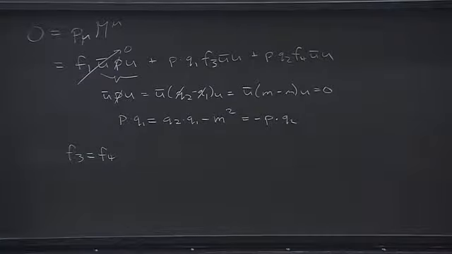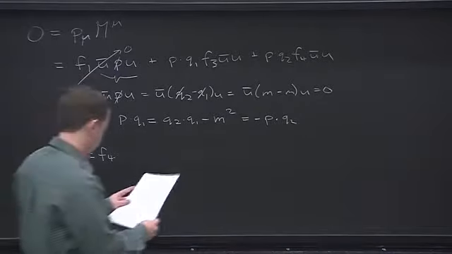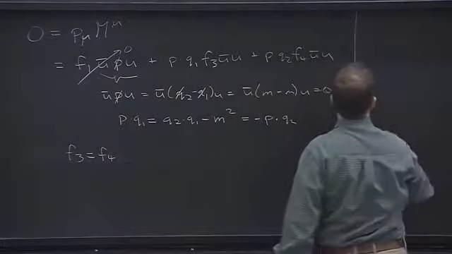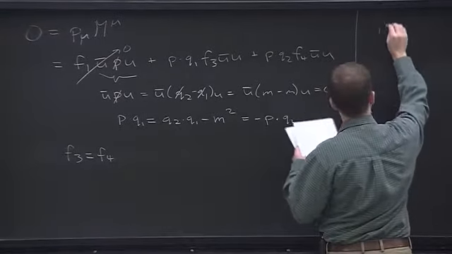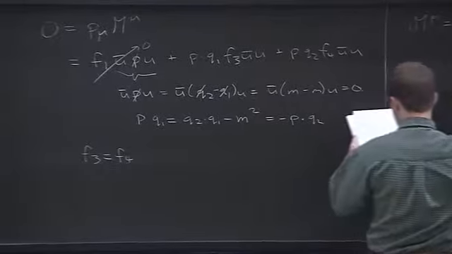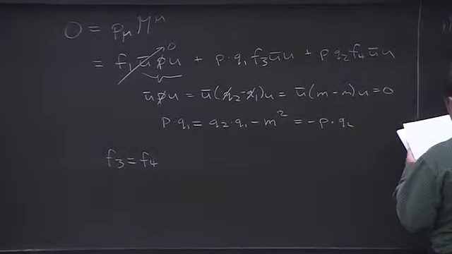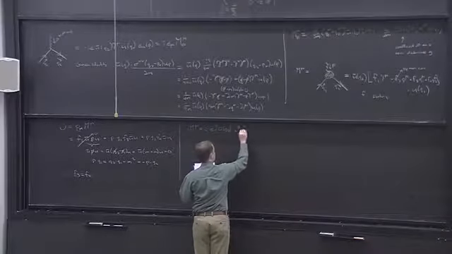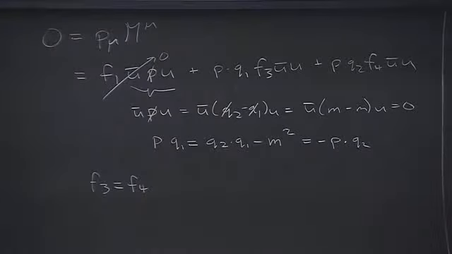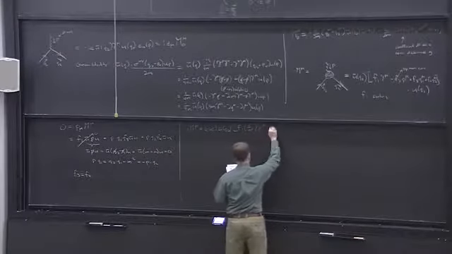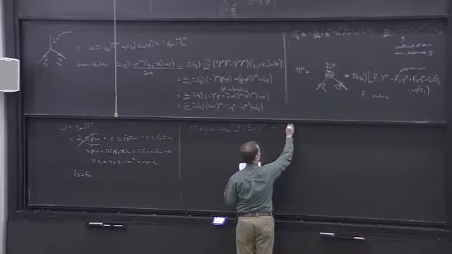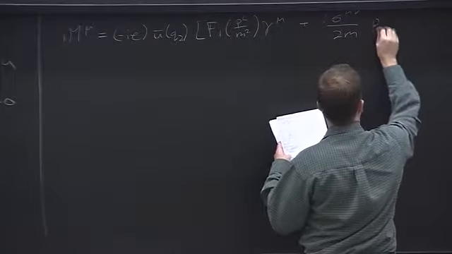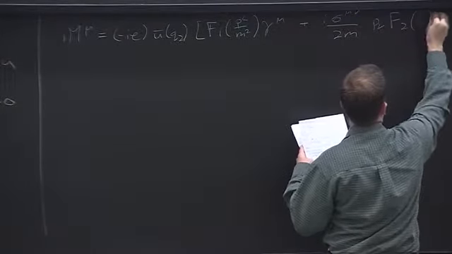So in fact, there are only two free functions that we need to find. So the most general form of the matrix element is minus i e u-bar of Q2 times F1 of P squared over M squared gamma mu plus i sigma mu nu over 2M P nu F2 of P squared over M squared.